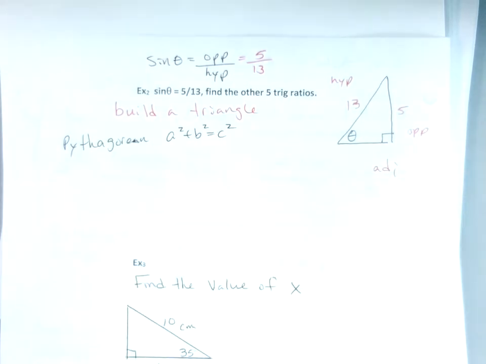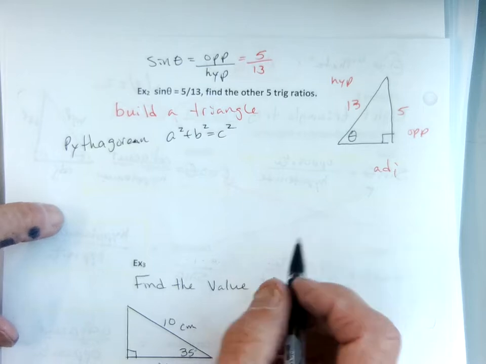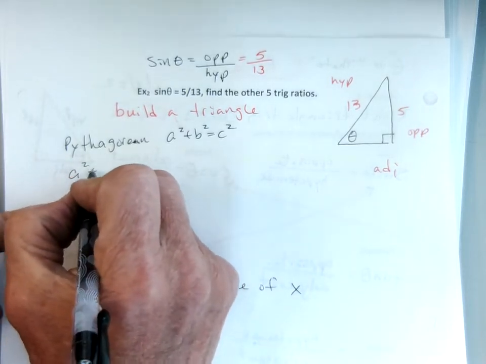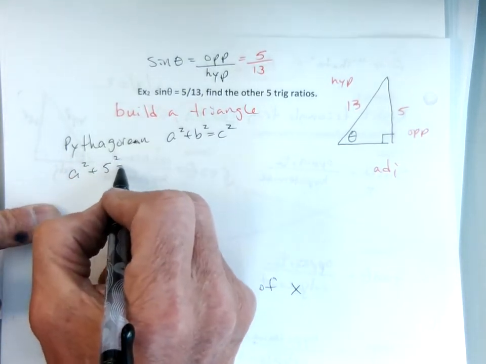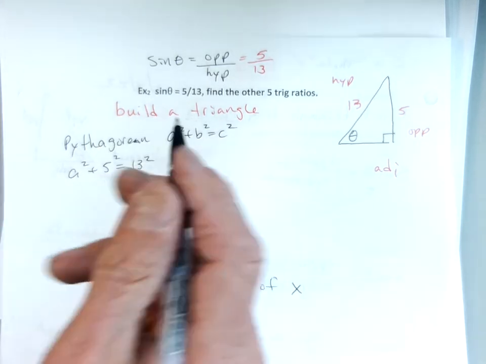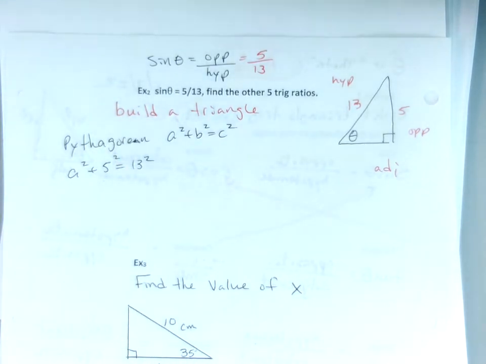So we're going to go a squared plus 5 squared equals 13 squared, because I need to find the adjacent side. I don't know the adjacent side, so I'm going to use Pythagorean's theorem: A squared plus B squared equals C squared.